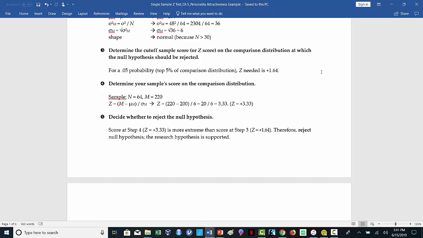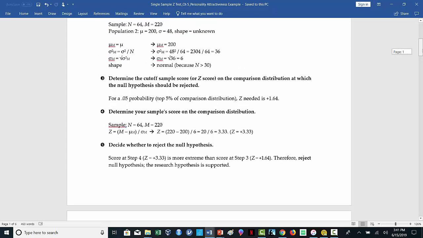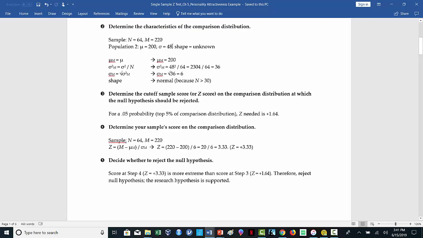Here we're talking about a z-score on that distribution of means. That's why we had to figure out the standard deviation for the distribution of means, which is 6 right here. If we had used the standard deviation of 48 for the population, that's going to be very different, and we're ultimately going to get the wrong answer. So that's our cutoff, positive 1.64 on the distribution of means.